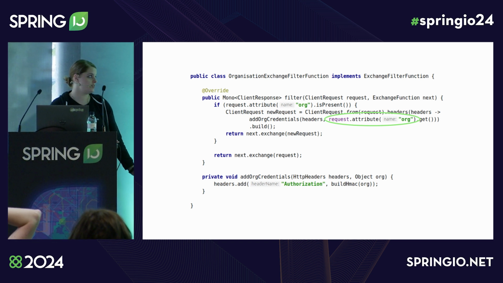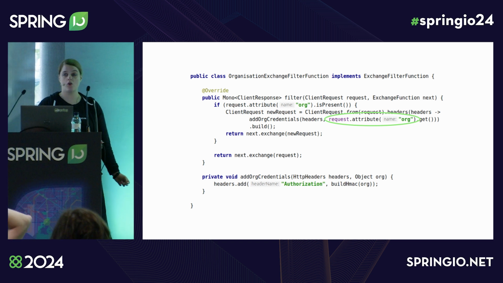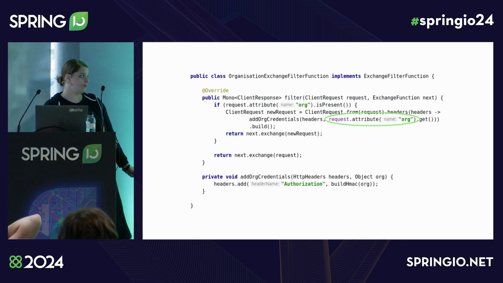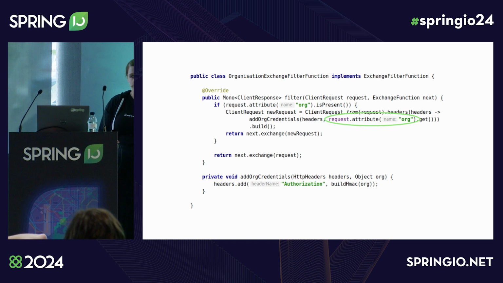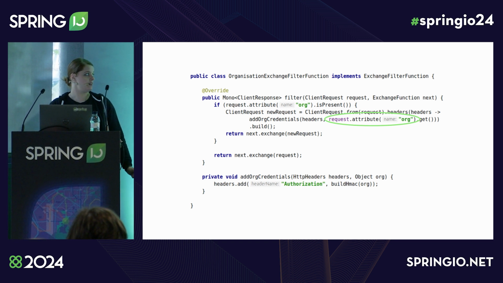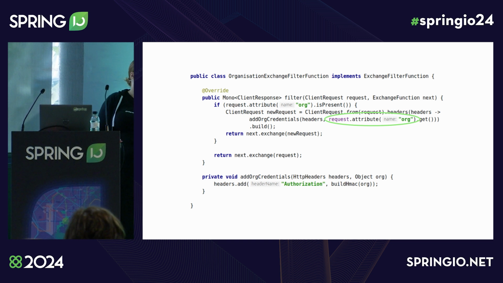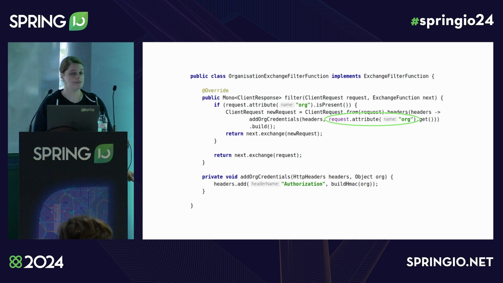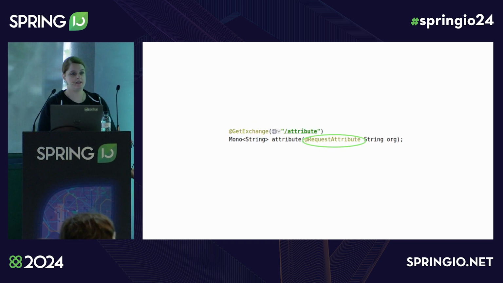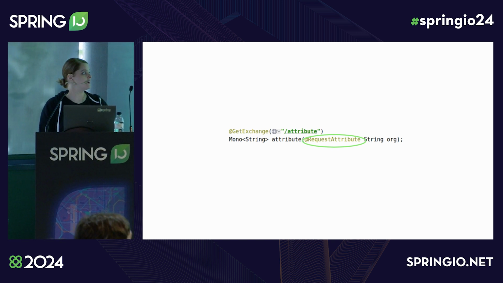So basically the user said, I want to look for a request attribute named org on my requests, and if I find them, then I want to build an authorization header per given organization and add it for that request. And if I don't find it, I just want to continue with the request as it was. So request attributes, neat, useful, and soon probably also in REST client. And we have also been handling them from the beginning. You can add them for whichever client supports them.